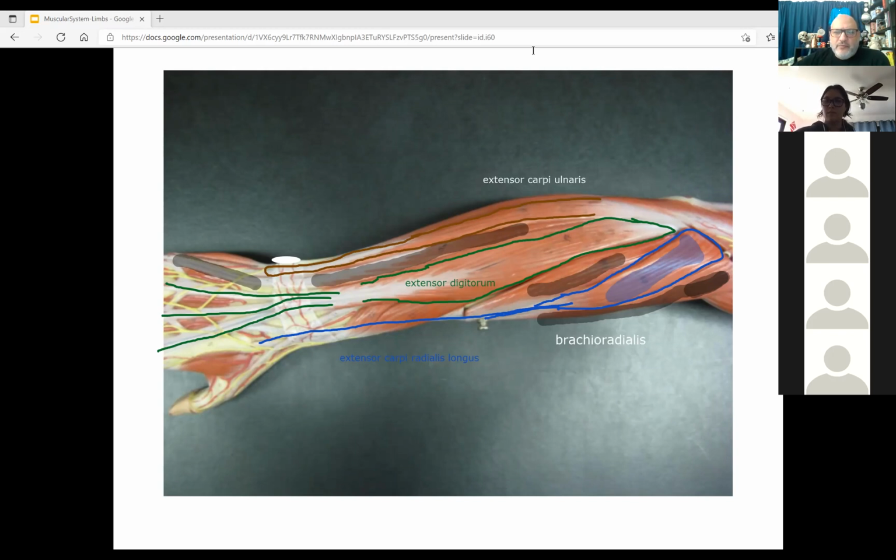And there you go. Just that easily, we have identified the three posterior muscles of the forearm we are responsible for. We used our landmark, the brachioradialis, to find the muscle with the long tendon that goes to the thumb side of the back of the hand, the extensor carpi radialis longus.